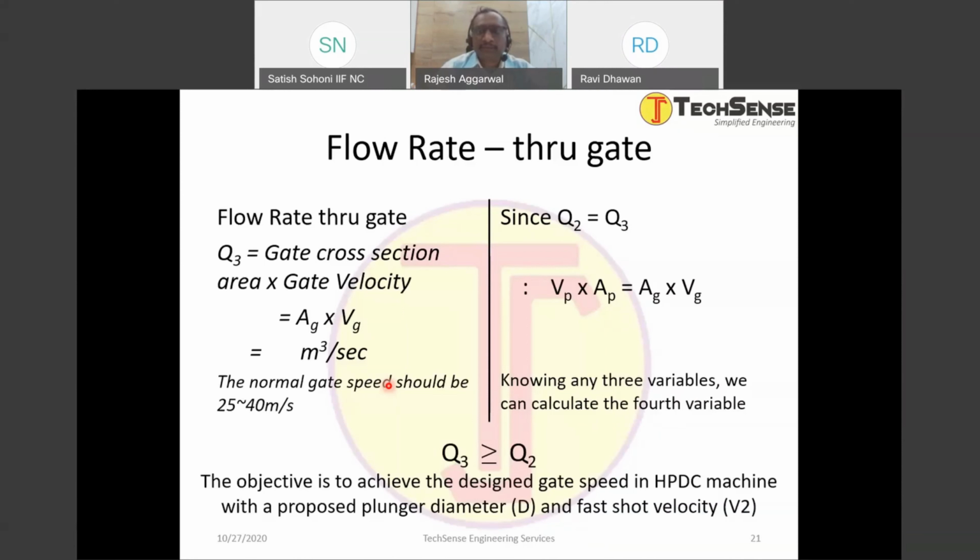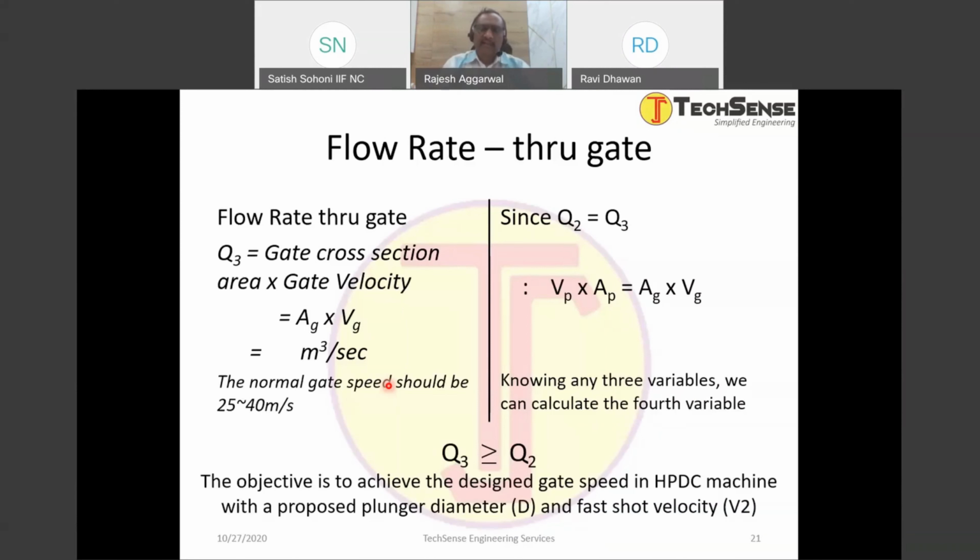Are we getting? Right? So far we had 6 variables: casting thickness, fill time, that is the 2 variables, and then we have plunger speed, plunger area, gate speed, gate area. Total 6 variables so far.